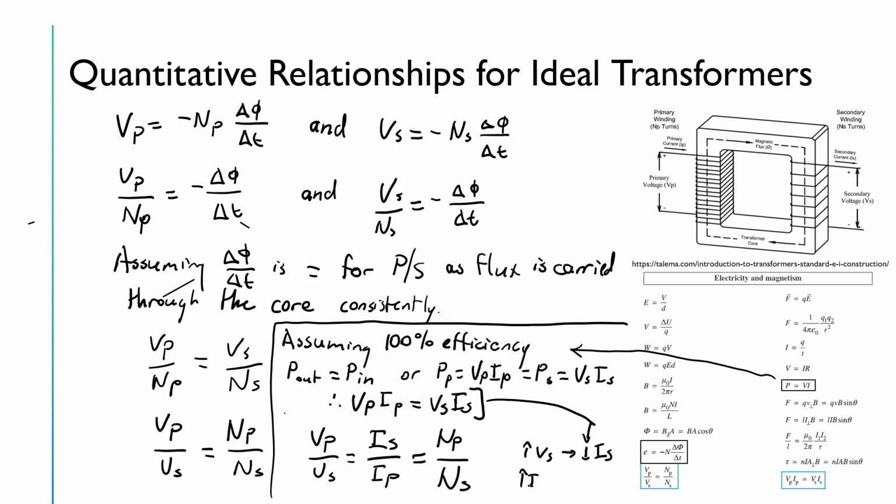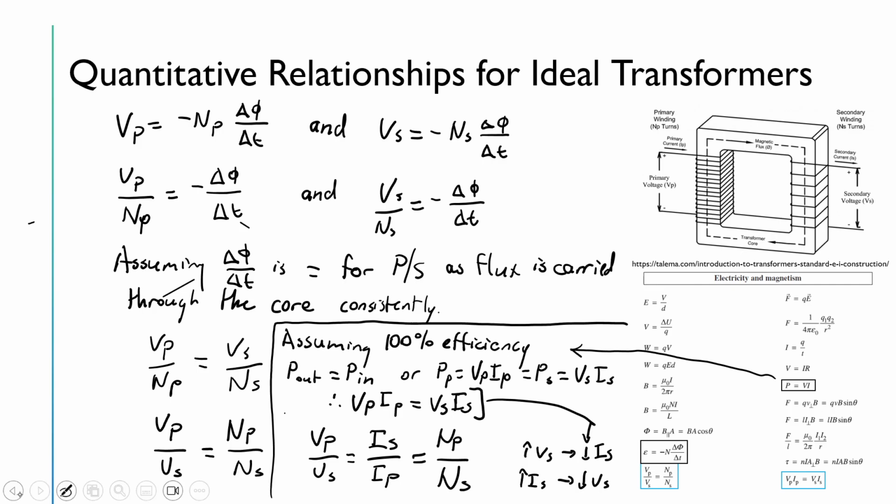If we increase current in the secondary coil, that's going to lead to a decrease in voltage in the secondary coil, which is kind of the whole point of a transformer. Depending on the number of turns that we've got when we compare the left-hand side, the primary, and the right-hand side, the secondary, it's going to have an impact on the current and the voltage. It's either going to increase one and decrease the other, or vice versa.